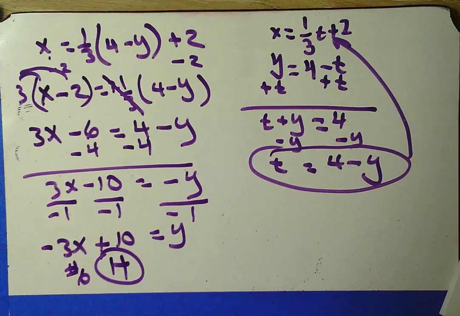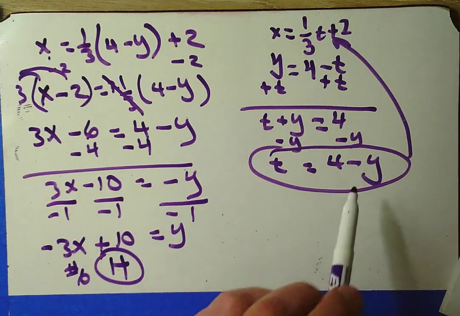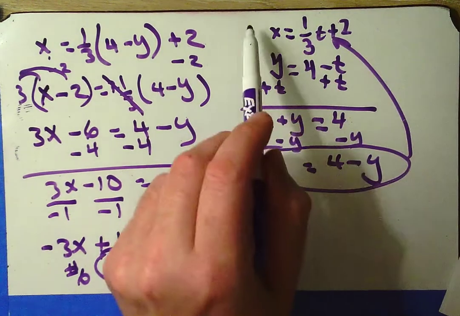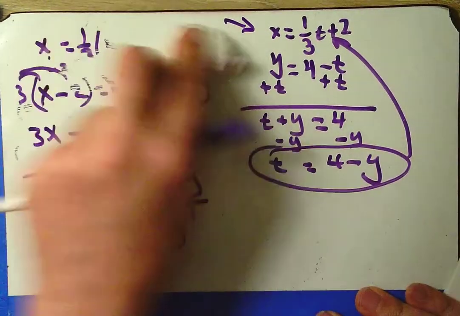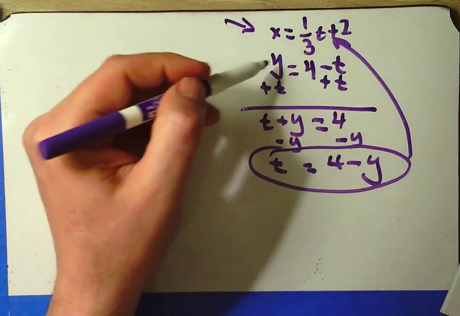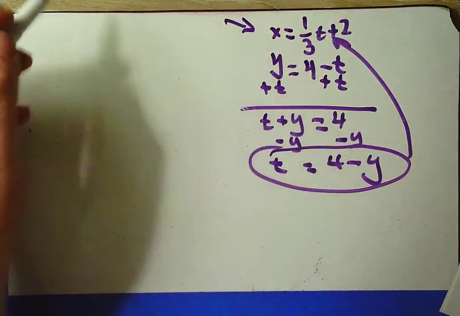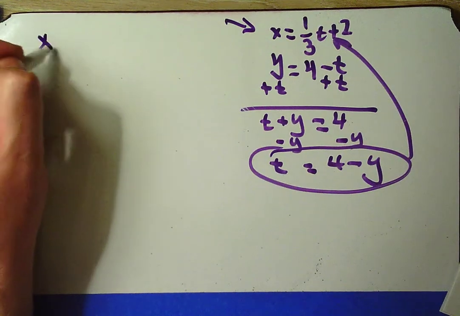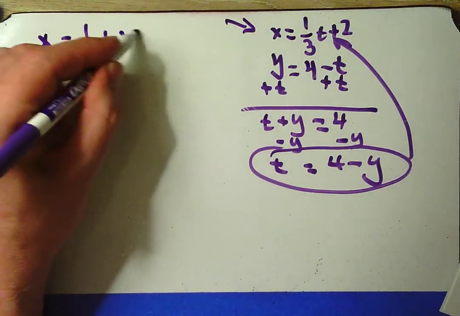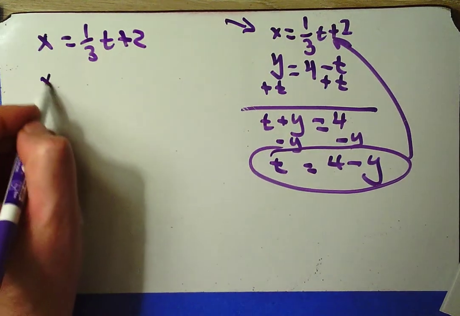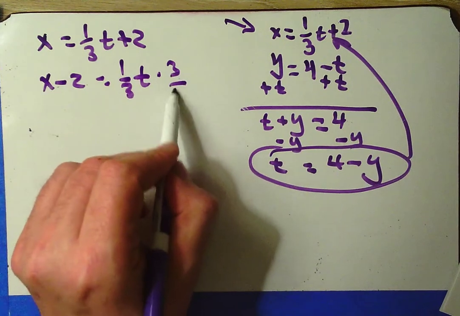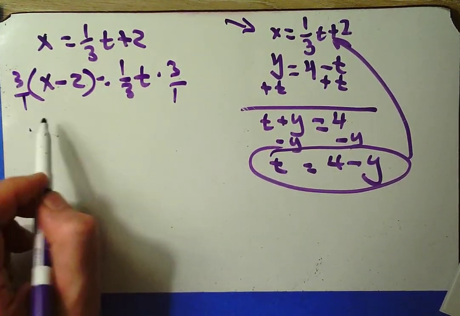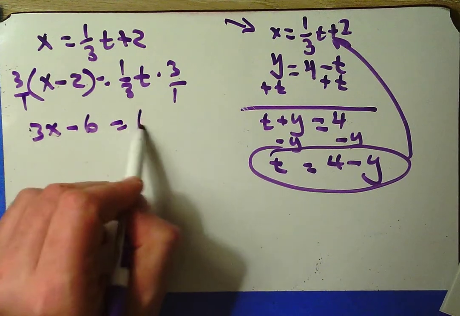If I had been paying more attention at the beginning of the problem where it said expresses y in terms of x, instead of solving this equation, I would have solved this equation for t and then plugged that into the y equals equation. See, this one's already in y equals form. So if I go back and I solve this top equation, x equals 1/3 t plus 2, for t by subtracting 2, and then multiplying both sides by the reciprocal, 3 over 1, 3x minus 6 equals t.